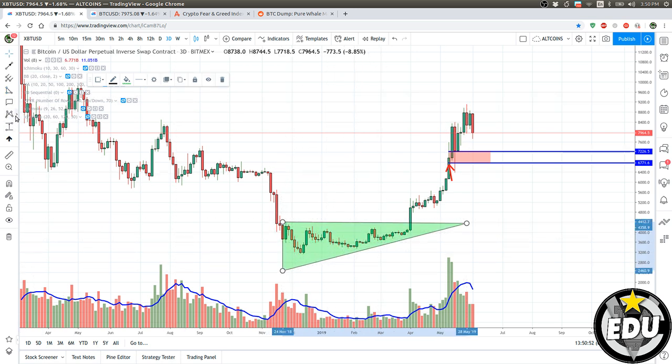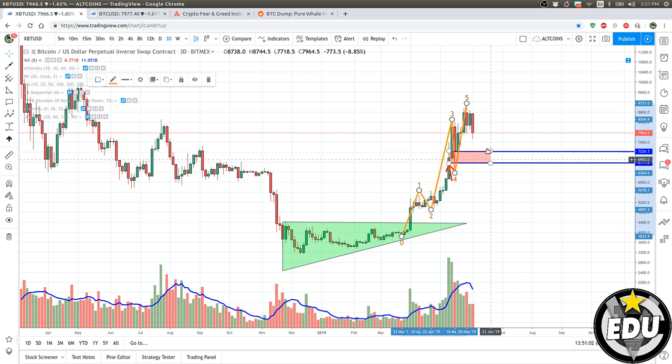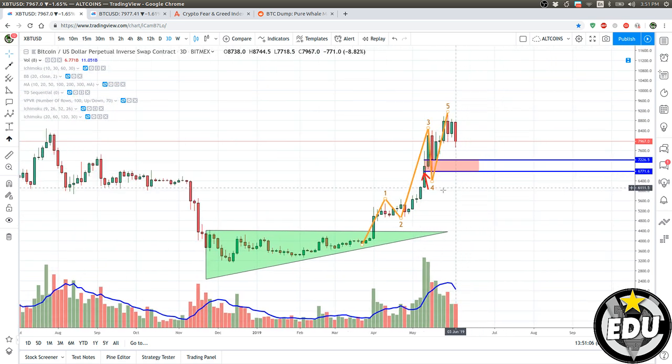So the Elliott wave will start from the break of the triangle, maybe a 1, 2, 3, 4, and 5. That could be one, with respect to the waves.